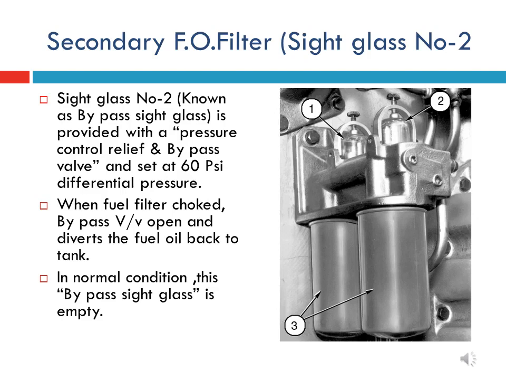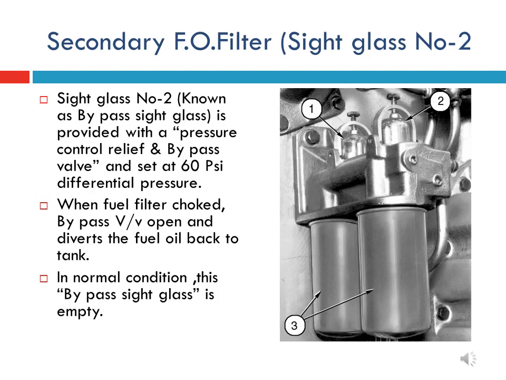In this slide, let us understand the role of sight glass number 2. Sight glass number 2 is also known as bypass sight glass, and it is mounted on the fuel oil filter assembly beside sight glass number 1, as may be seen in the slide.